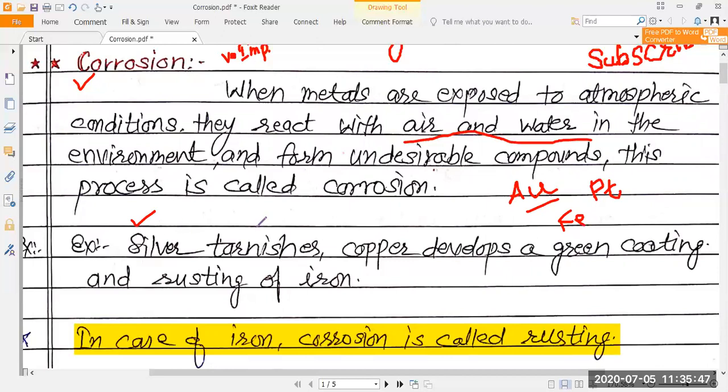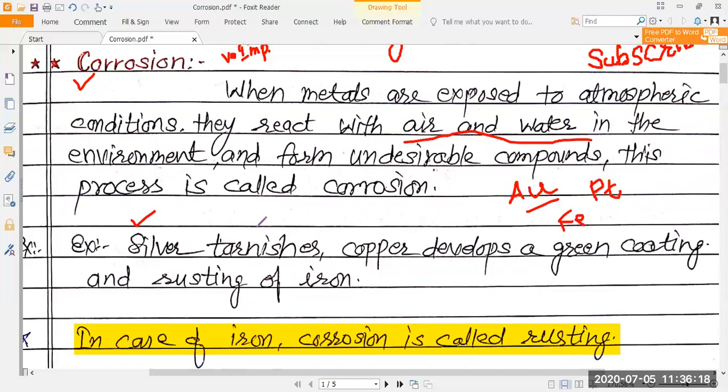Silver tarnishes. Tarnishing means the shining surface of silver fades away after some time when silver is exposed to air and moisture and water. Similarly, we see copper utensils in our home. After some time, when we expose the copper utensils to the environment, a greenish layer develops on the surface of copper.